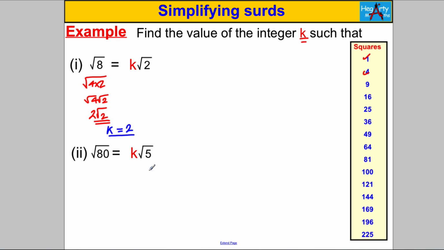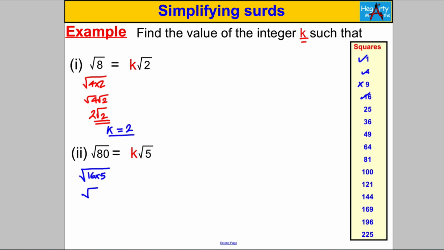What about root 80? Well, let's think of the biggest square we can that goes into 80. 1 does, 4 also does, 9 doesn't, 16 does, 25 doesn't, 36 doesn't, 49 doesn't, etc. So we're going to write root 80 as the square root of 16 multiplied by 5, because 16 multiplied by 5 is 80, and 16 is the biggest square we can think of that is a factor of 80.